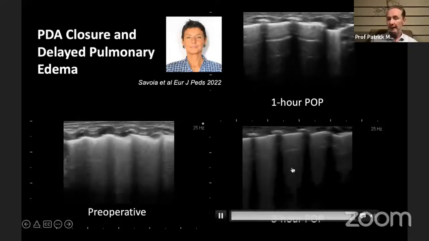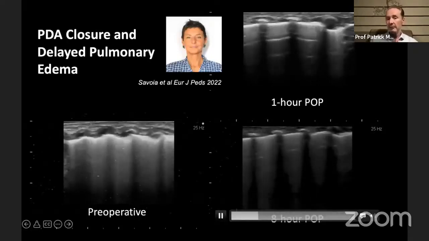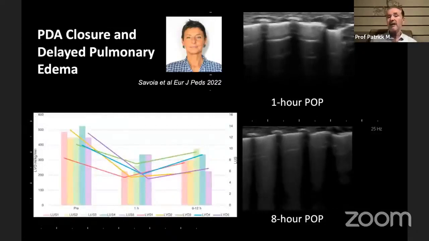However, by 8 hours, you can see that there's a loss of the A lines, and the picture again develops pulmonary edema, further providing evidence that this phenomenon that we're seeing after PDA closure is truly lung edema related to increased LV end diastolic pressure.